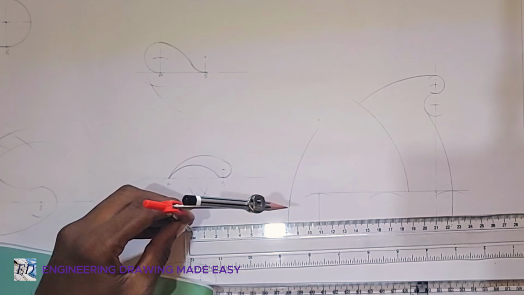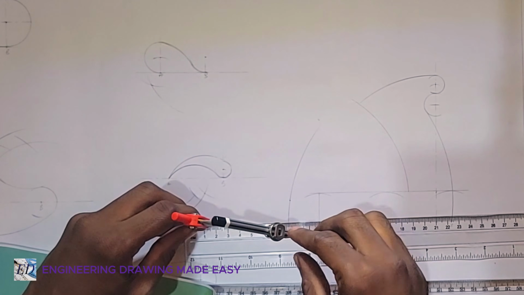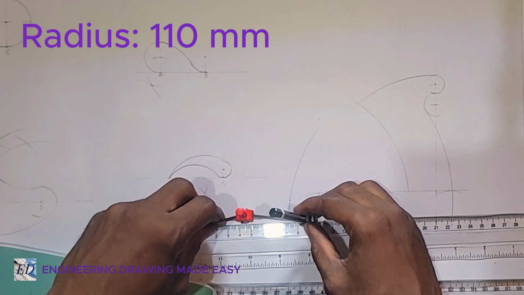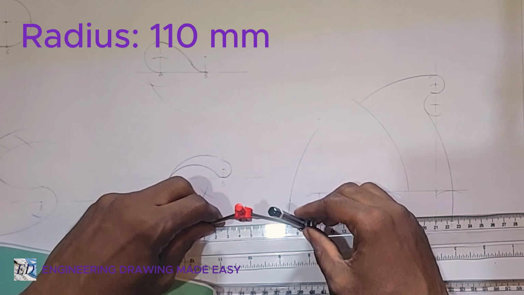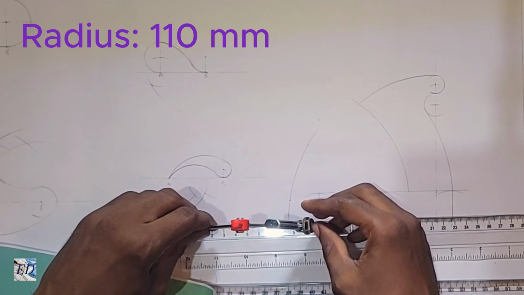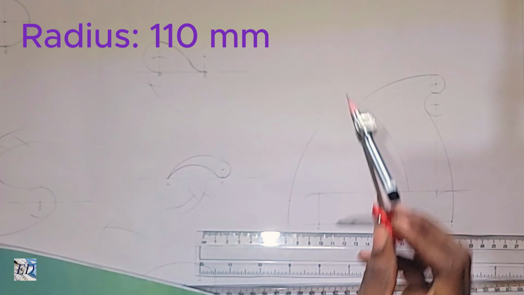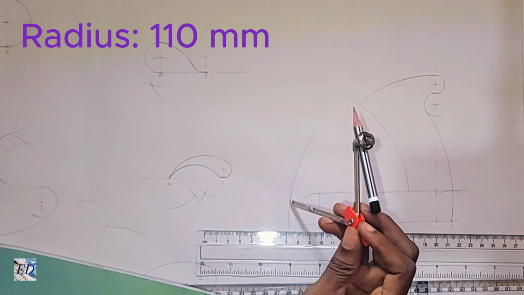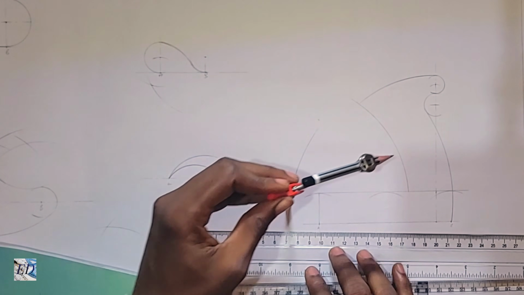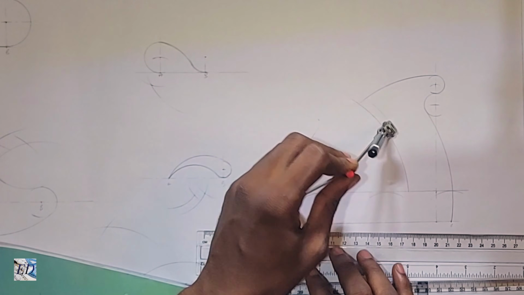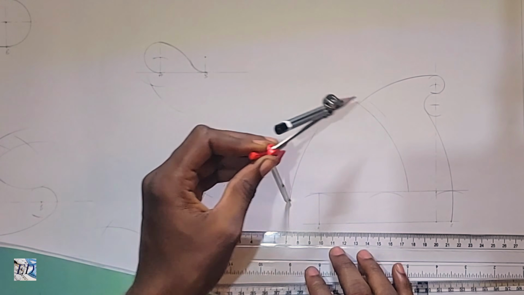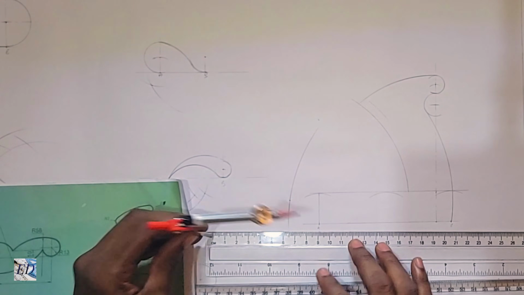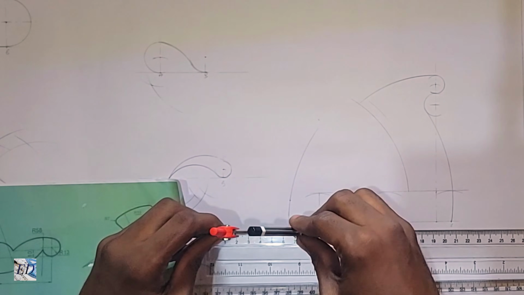So radius of 7 plus 103 gives us 110. And then 103 minus 7 gives us 96.